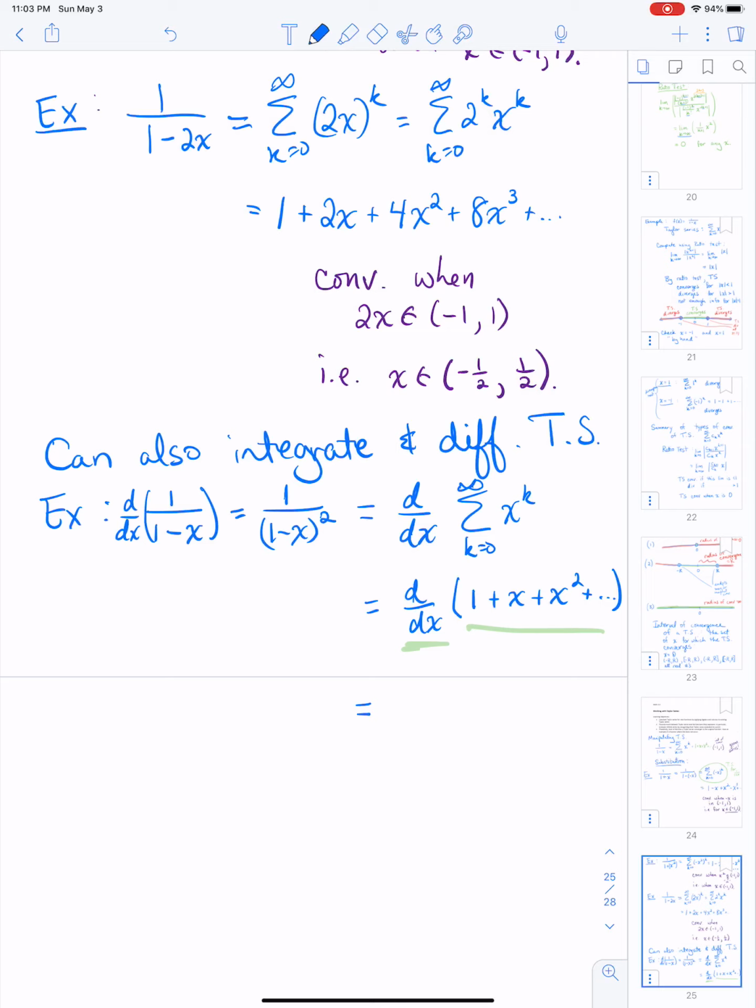So if we start just taking derivatives here, the derivative of the first term is 0, plus derivative of the second term is 1, the derivative of the third term is 2x, plus 3x squared, plus ... And so if I want to write this with summation, we'll sum from k equals 0 to infinity of k plus 1 times x to the k.